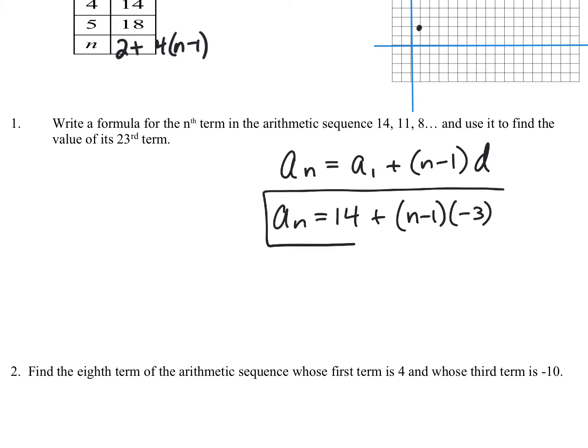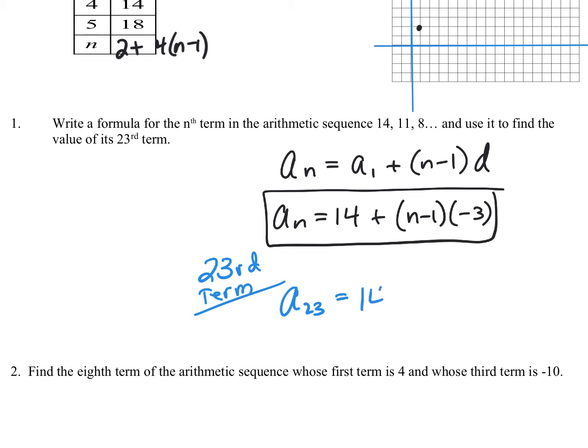If I want to find the 23rd term, I'm going to find a sub 23. So 14 gets added to 23 minus 1, or 22, times negative 3. When we evaluate that, our 23rd term in this sequence will be negative 52.